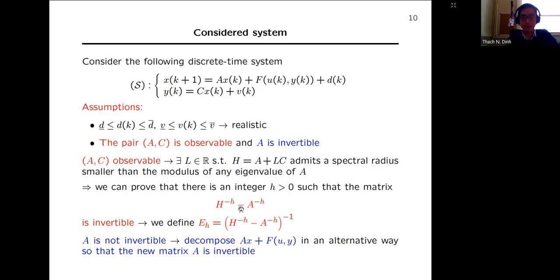It's not complicated to prove that there always exists a fixed time S satisfying the invertibility condition of this matrix.